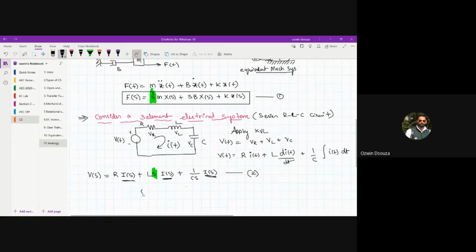So I can write current as I of t, and I'm going to replace the current with a meaningful substitution. So I of t is equal to dq of t divided by dt. Or in the Laplace domain, I of s is equal to, it's a differential function, so you get s into q of s.